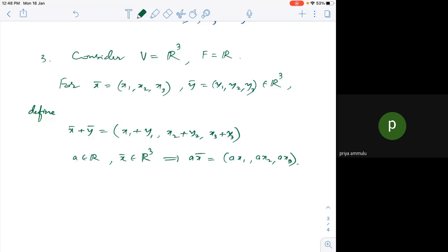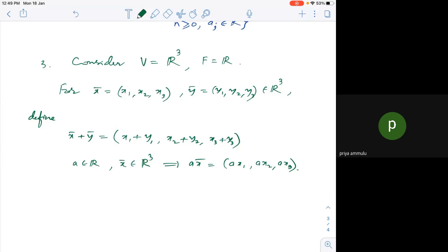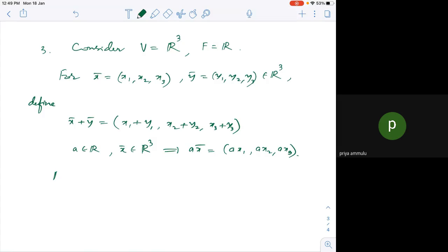If I look at this way of defining scalar multiple of x bar and addition of vectors like this, under the usual operations in R, this R cube over R is also a vector space, of course, over R.